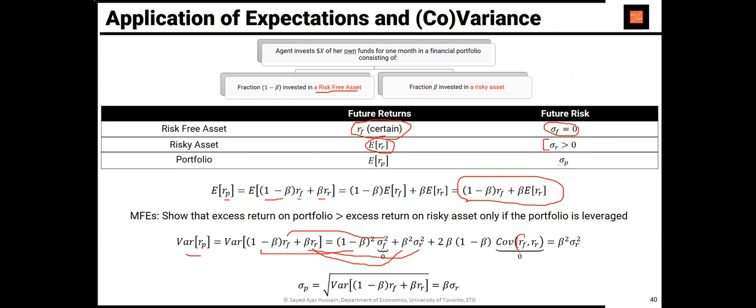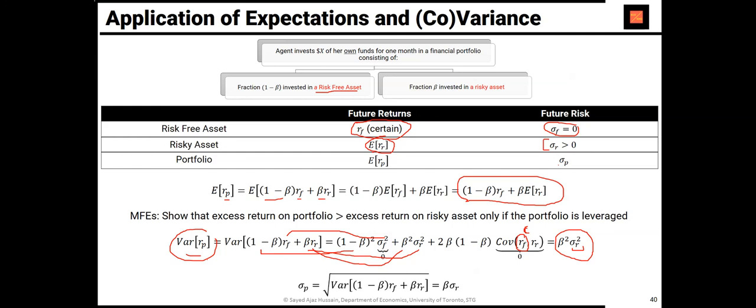But the risk-free returns are certain. They're a constant. That's why I asked you to do that exercise previously. And the covariance when one is a constant and the other is random is 0. So it boils down to this. The variance of the portfolio is equal to beta squared, the fraction of your portfolio sitting in the risky asset squared, multiplied by the variance of the risky asset.